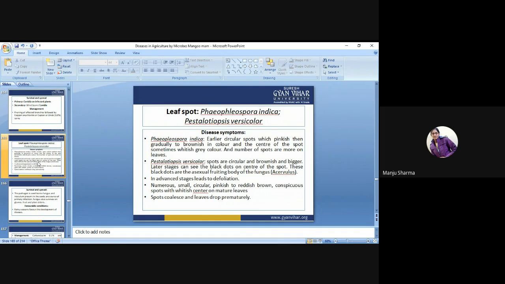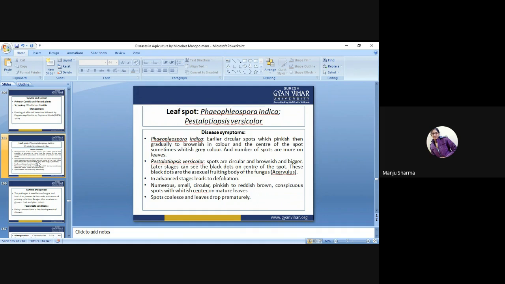These black dots are the asexual fruiting bodies of the fungus, that is, acervuli. In advanced stages it leads to defoliation.